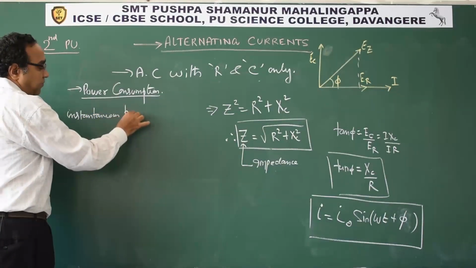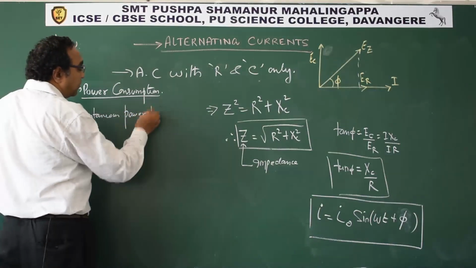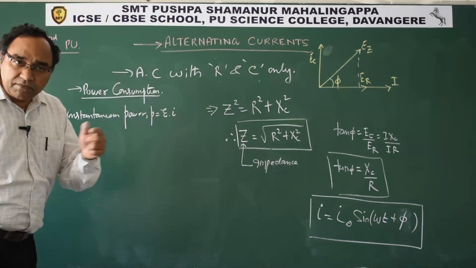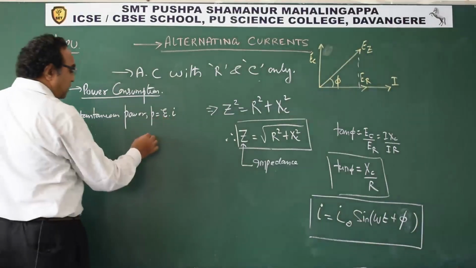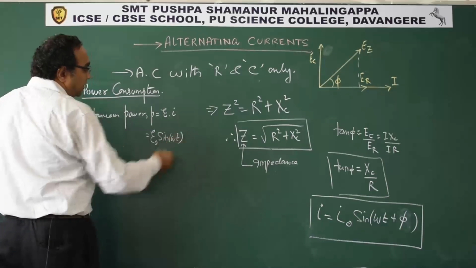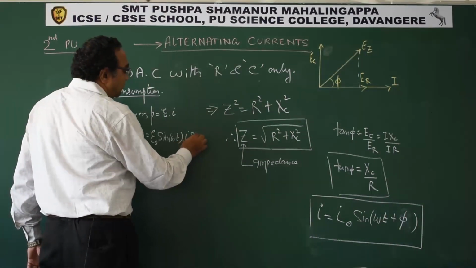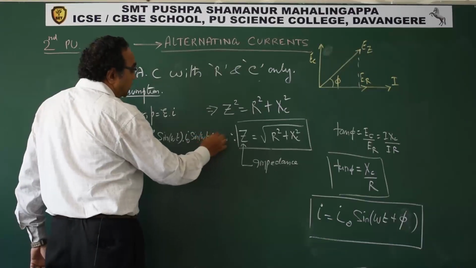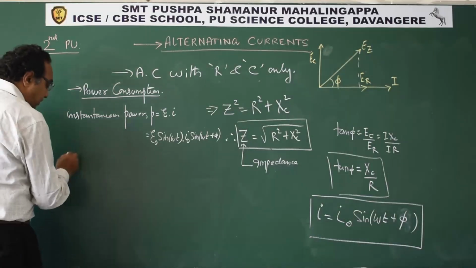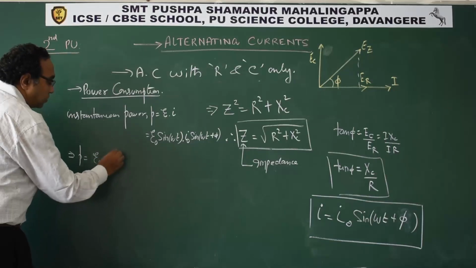What are the steps that we follow for calculating the average power? We calculate instantaneous power, E into I. This we did in the previous case also. E is E naught sine of omega t, and I is I naught sine of omega t plus phi. Correct? So the expression you will get is the same thing, E naught I naught.